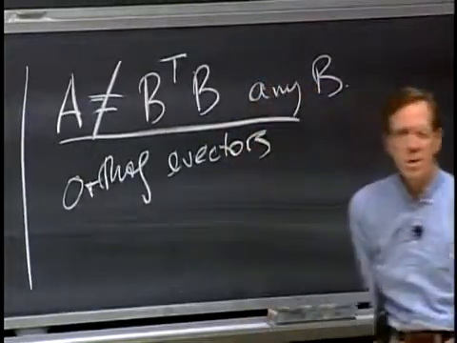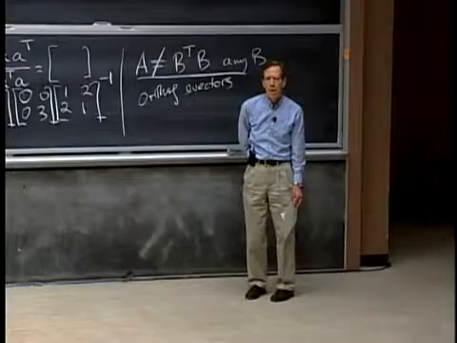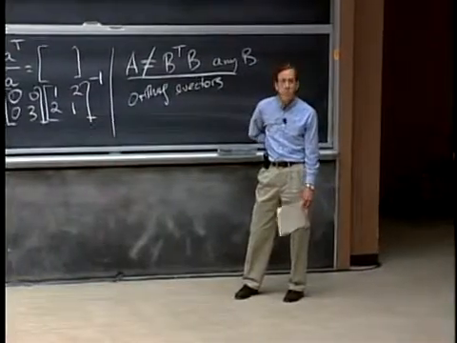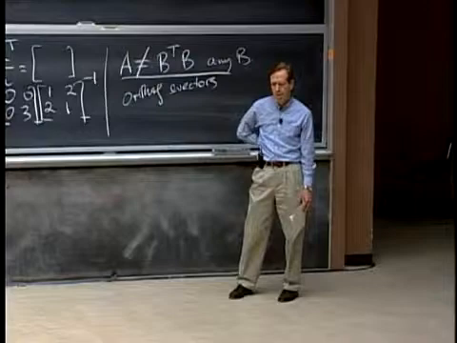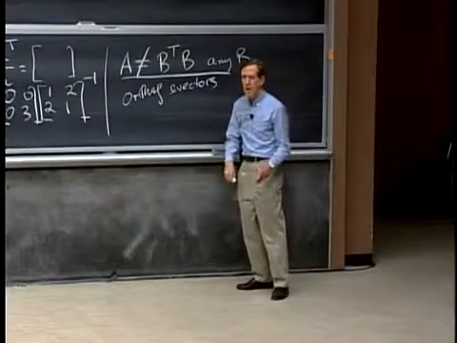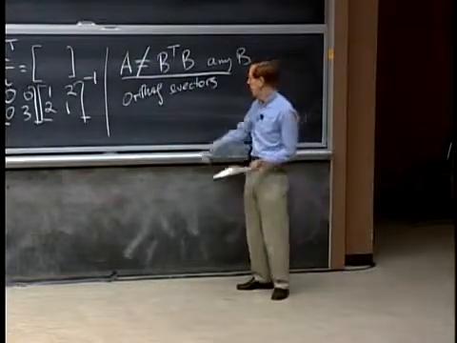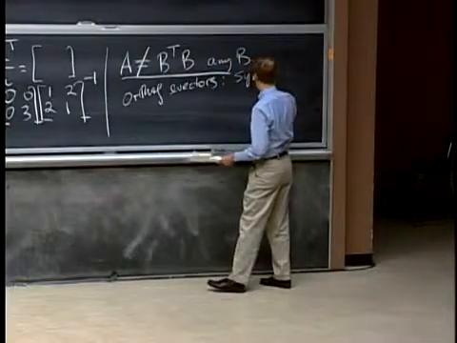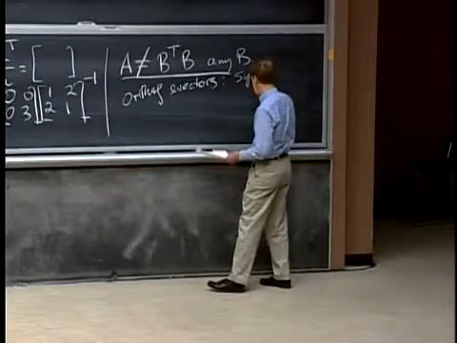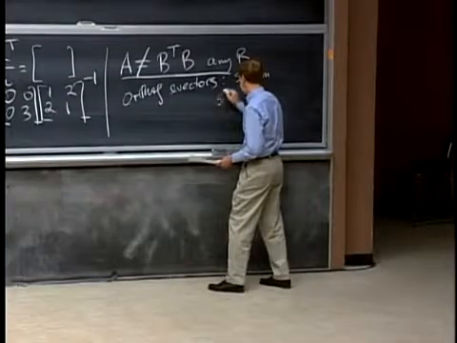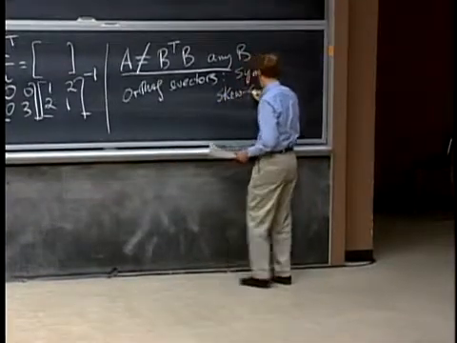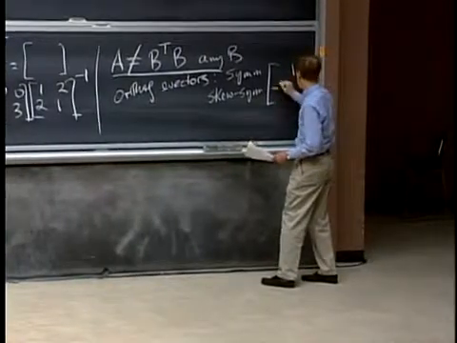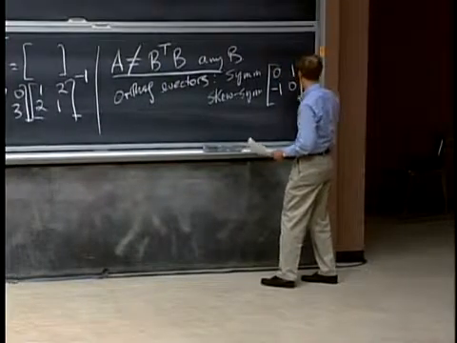And what do you suggest? The matrix could be skew symmetric. It could be an orthogonal matrix. So it could be symmetric, but that was too easy, so I ruled that out. It could be skew symmetric, like 1 minus 1, like that.